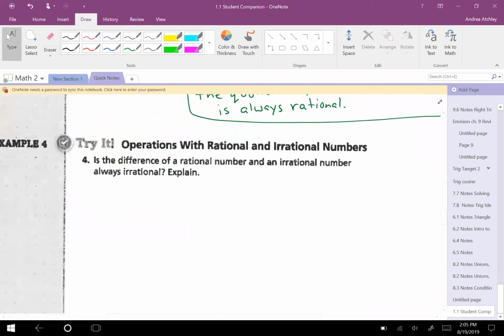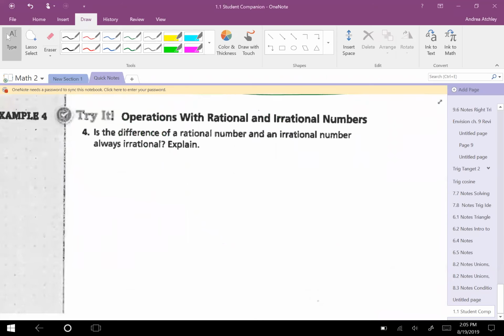Okay, next one. Now they're asking, is the difference of a rational number and an irrational number always irrational? Okay, so let's review. What does a difference mean? Anyone raise their hand and tell me what difference is? Subtraction. Okay, difference means you're subtracting.